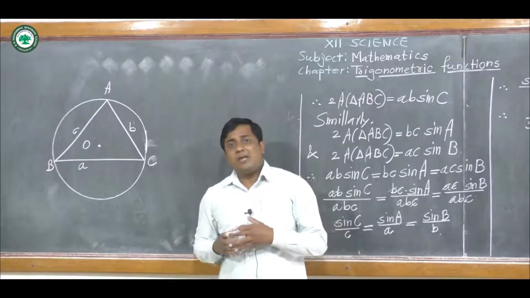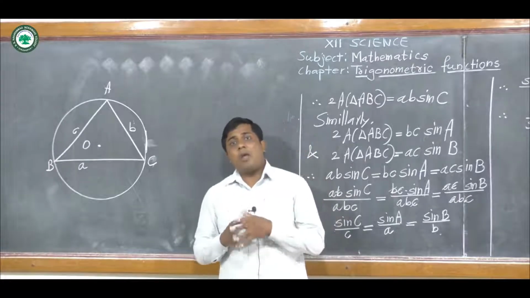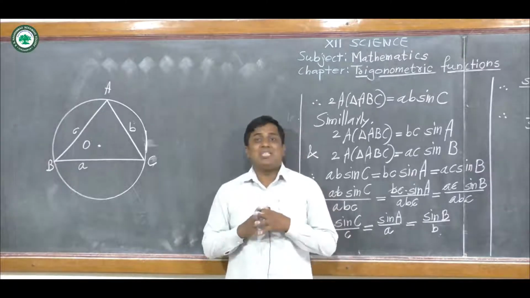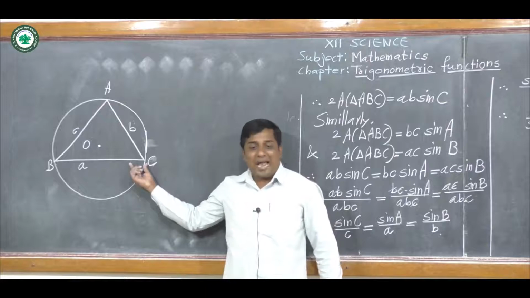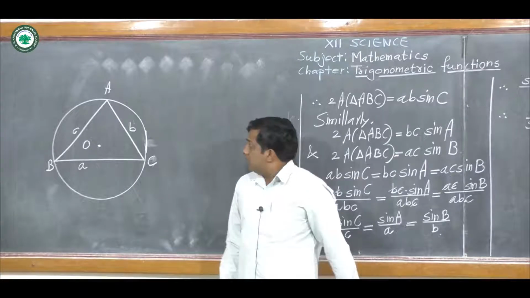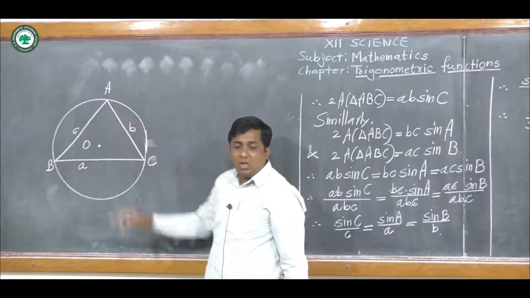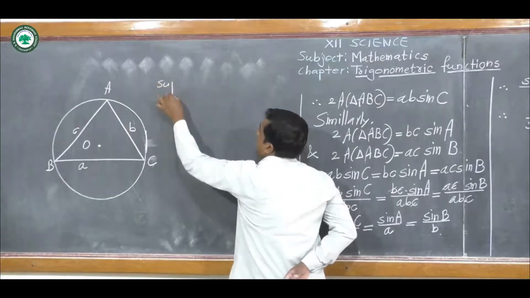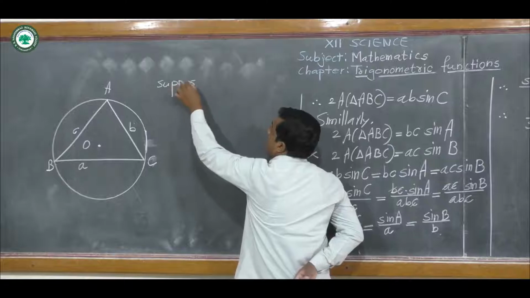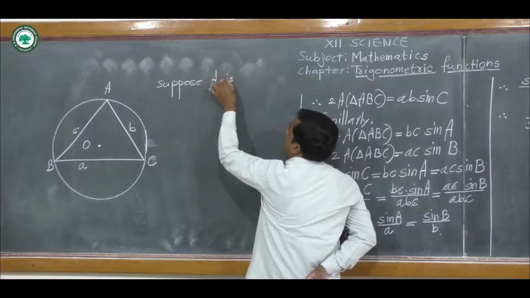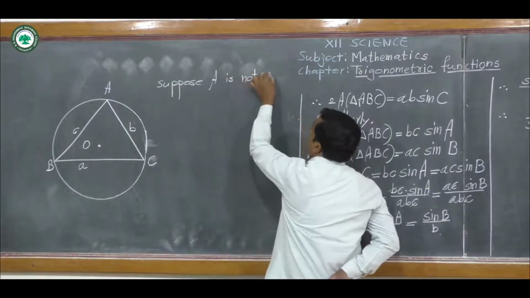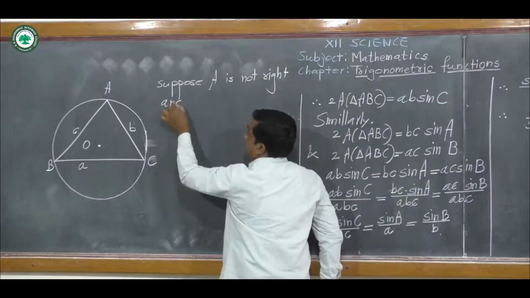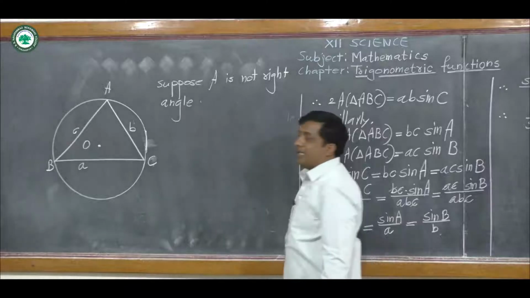Then we consider one case: at least one angle of the triangle is not 90 degrees, not a right angle. Suppose A is not a right angle.